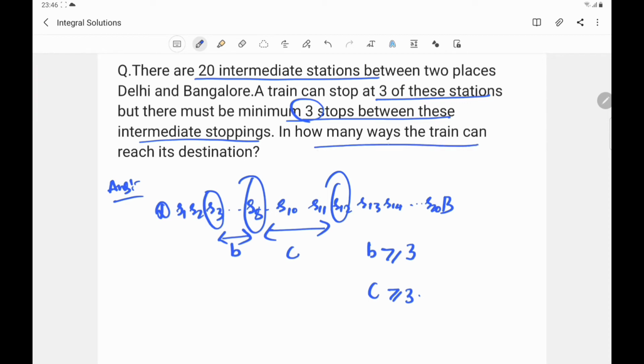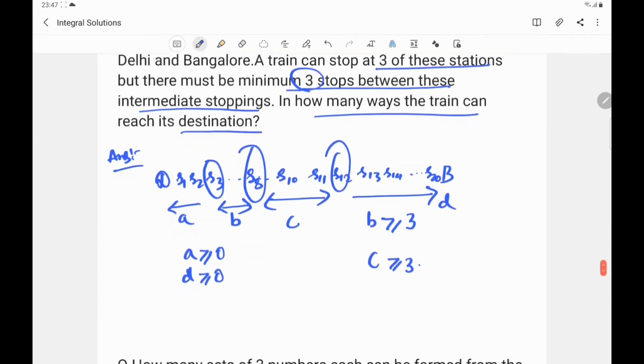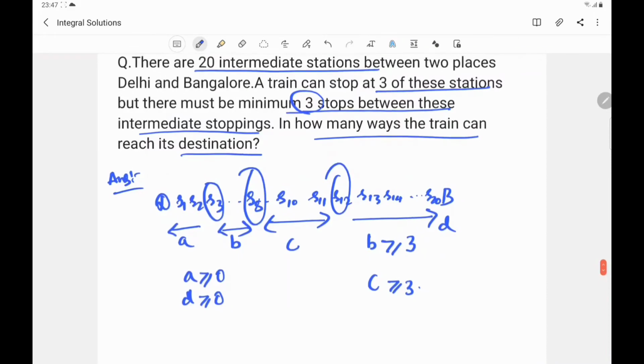In how many ways can the train reach its destination? Now this portion let it be A, this portion let it be D. Now A has to be greater than or equal to 0, and similarly D has to be greater than or equal to 0, and B should be greater than or equal to 3, C should be greater than or equal to 3.